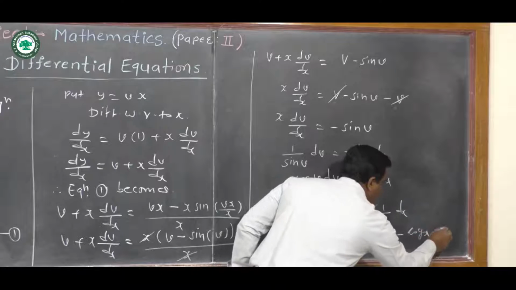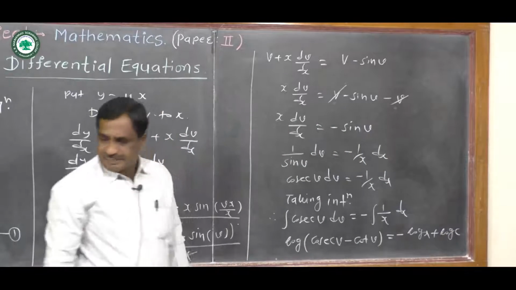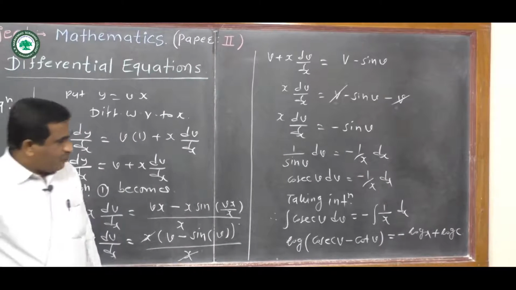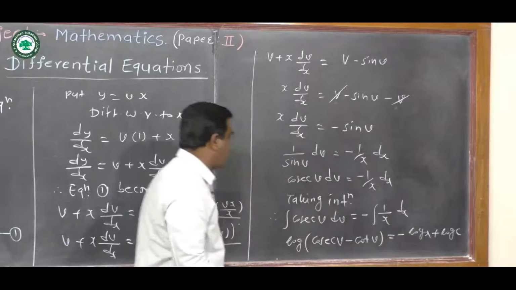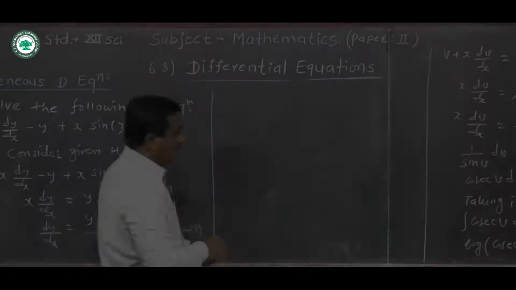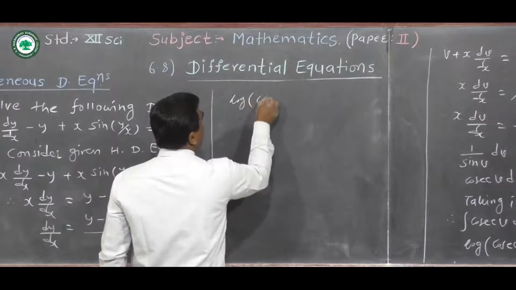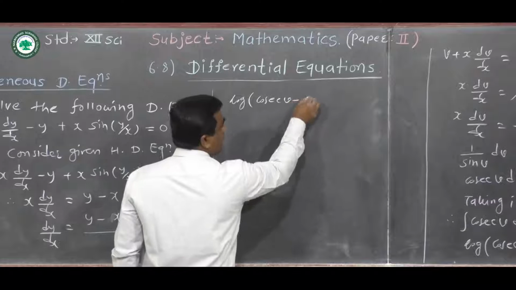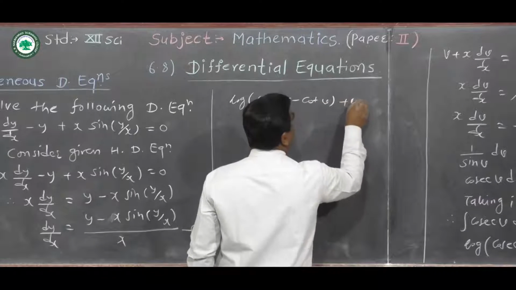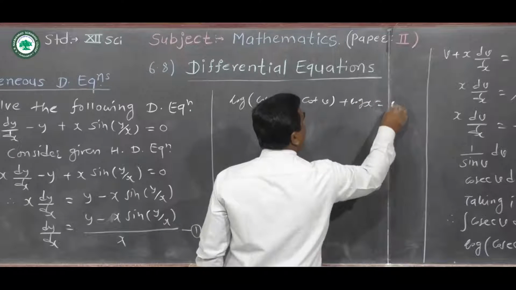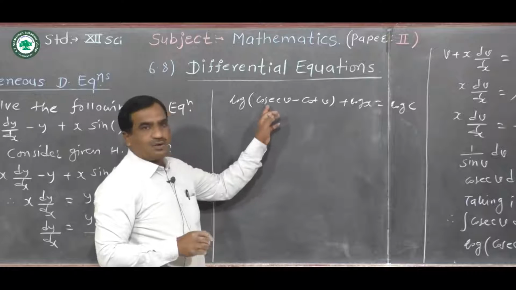So log(cosec v minus cot v) equals minus log x. We can take the constant of integration log c. Now we can take the term minus log x to the LHS. That is, log(cosec v minus cot v) plus log x equal to log c.